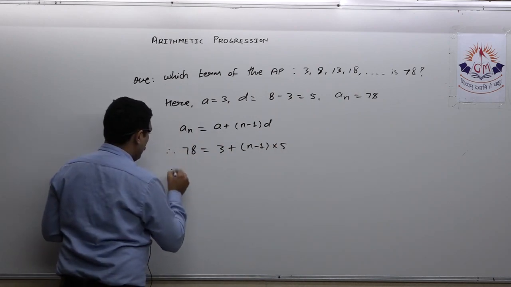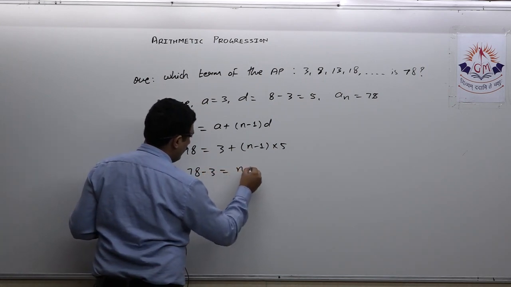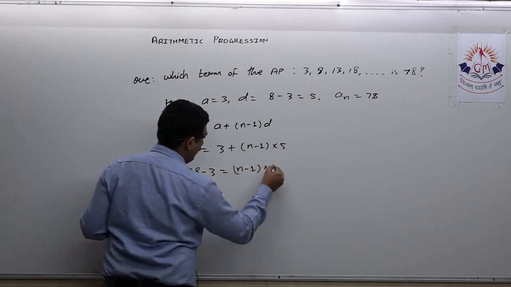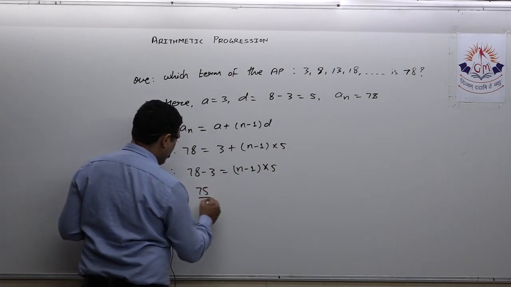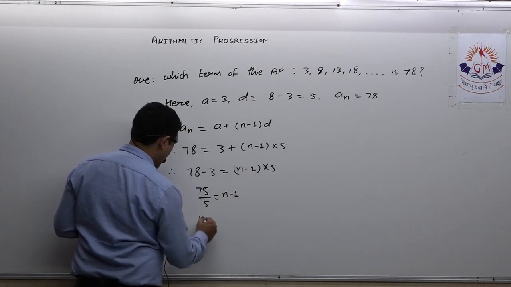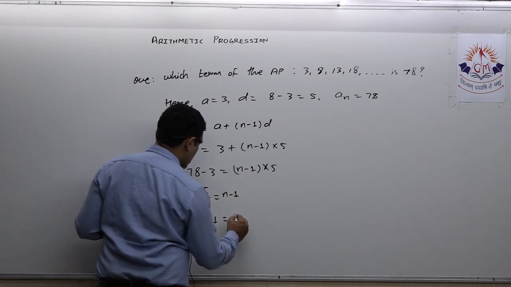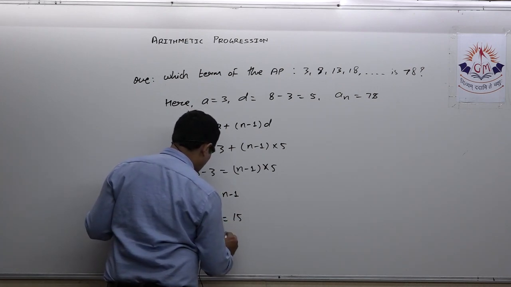Let me solve this for you. 78 minus 3 is equal to (n minus 1) into 5. So 75 upon 5 is equal to n minus 1. So n minus 1 is equal to 15. Therefore n equals 16.